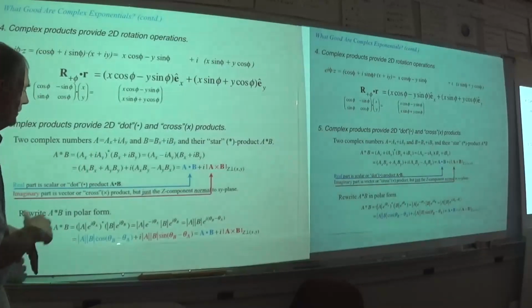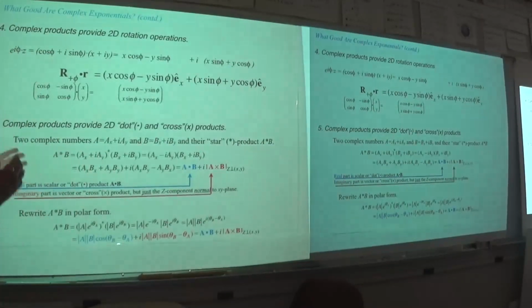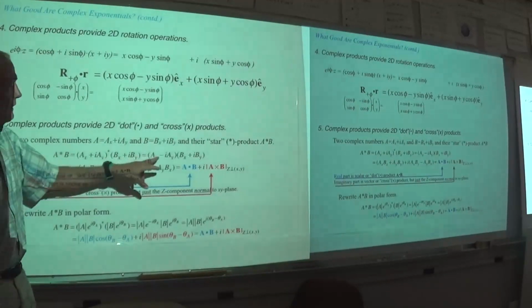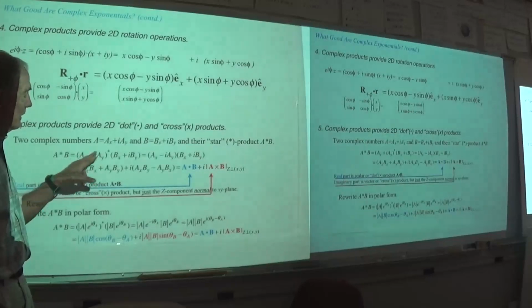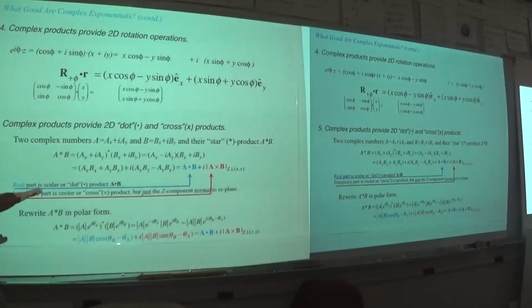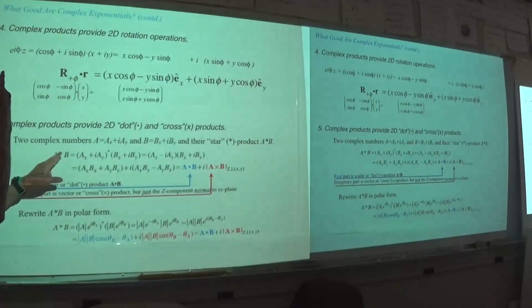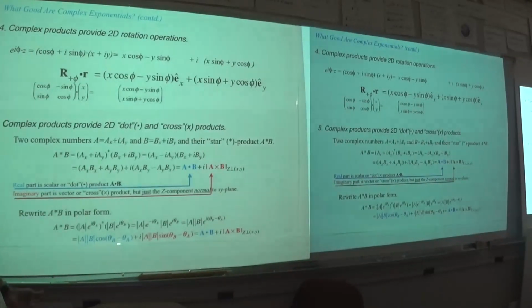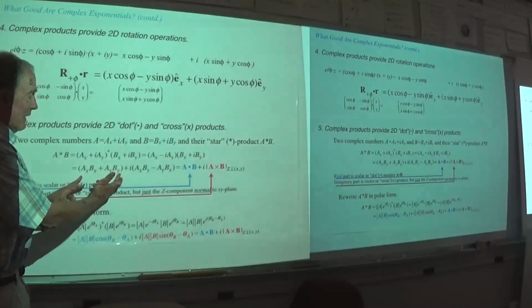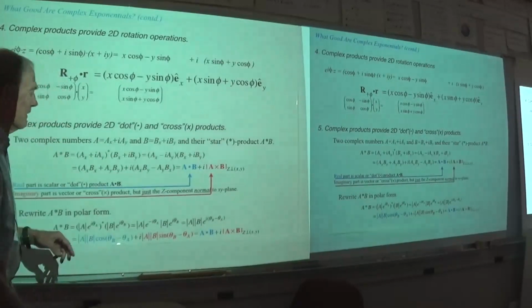So you literally take a star, which is taking any i's that are in that vector and changing their sign. You're doing a reflection through the imaginary axis. That's what this means.